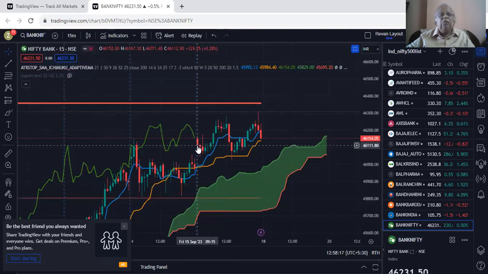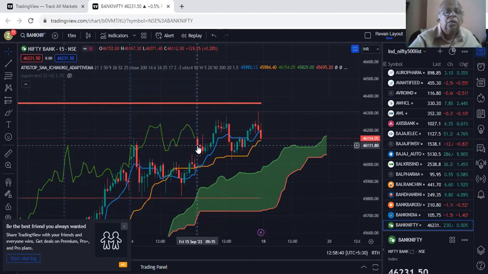Thirdly, you have to look back 26 periods so that you should identify the high made by the index during this period. That is also the position of Chikou span.